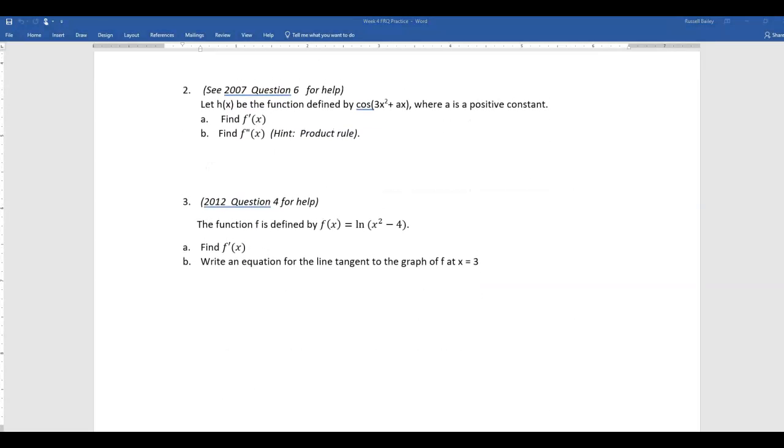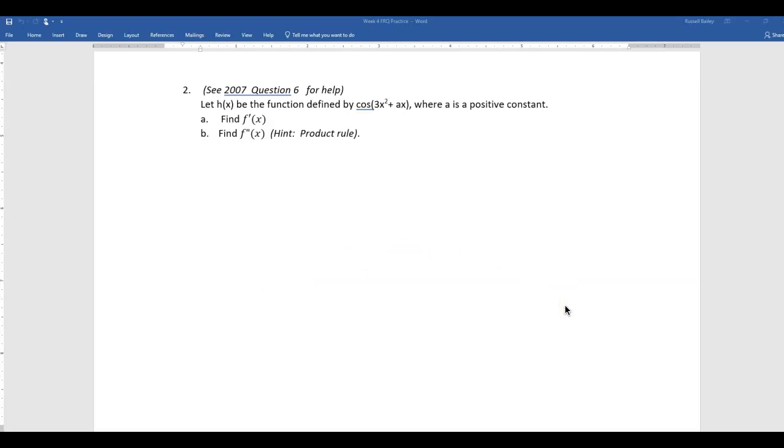All right. Some writing space for myself here. Let h of x be this function, and a is just a positive constant. So a is like a number in other words. So part A is asking me to find h prime of x.